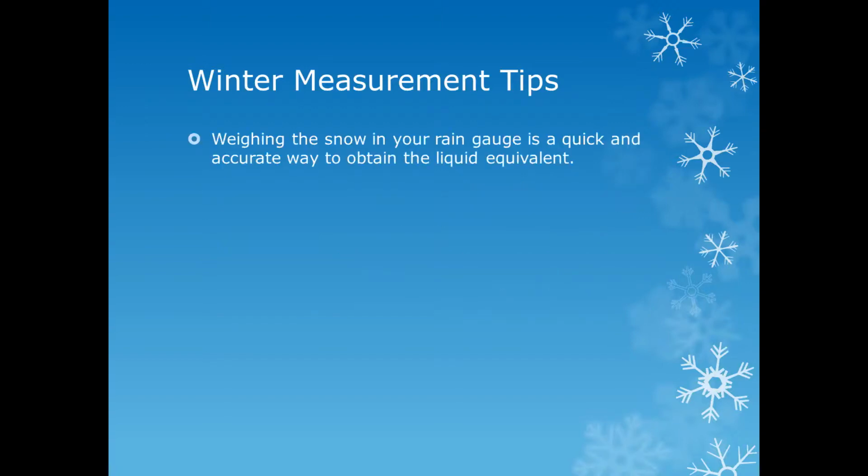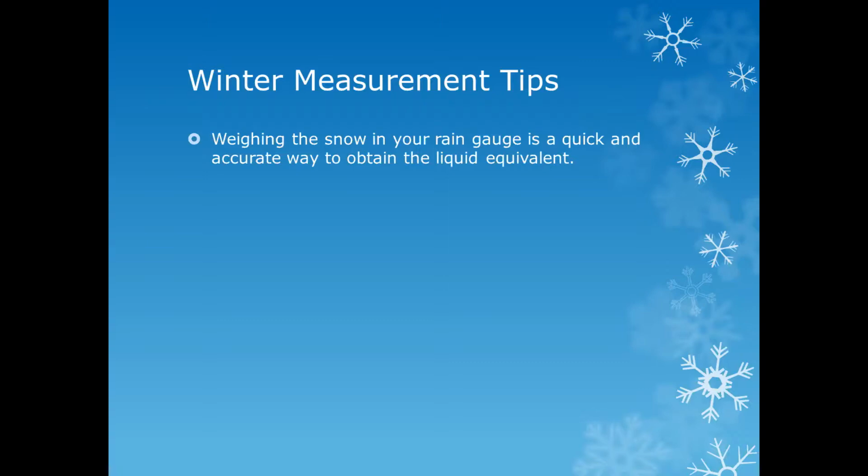Weighing your snow or the water in your rain gauge is a quick and accurate way to obtain the liquid equivalent. If you're looking for your gauge catch, and it's a snow in that gauge, if it's a heavy wet snow, that will take a long time to melt if you just leave it on its own, or it will take a lot of extra water to melt that snow because it's so dense.